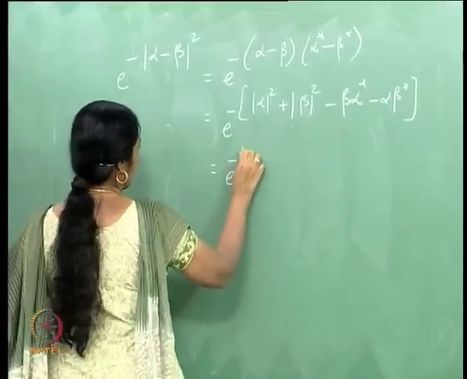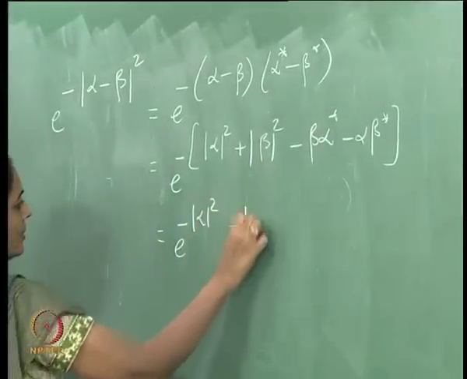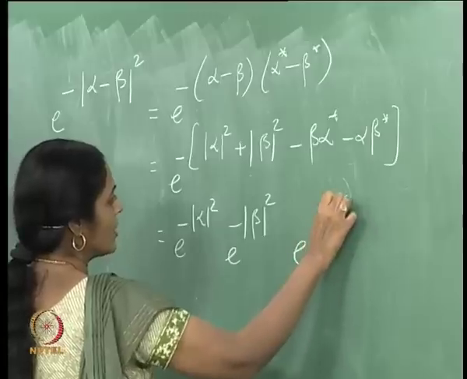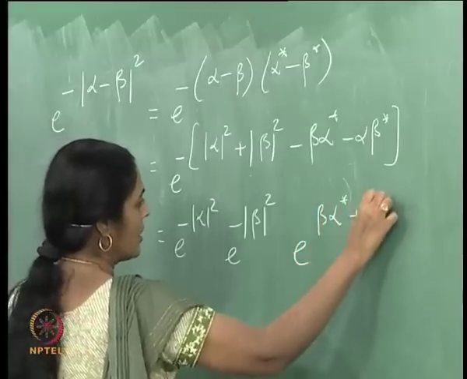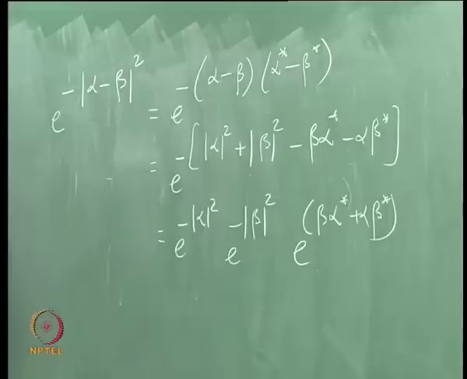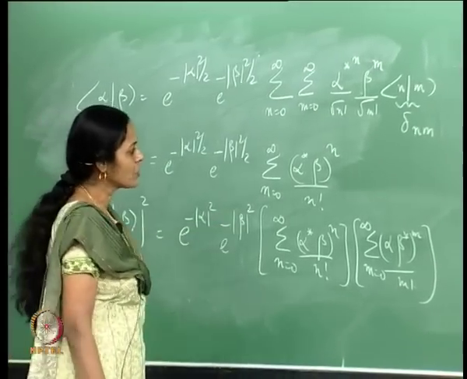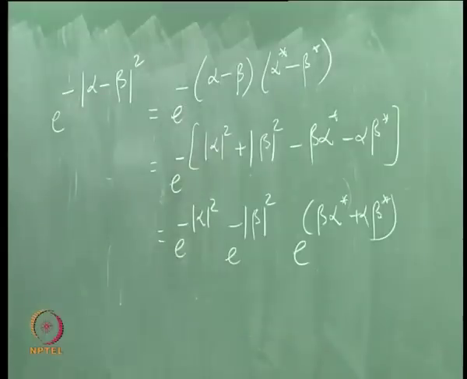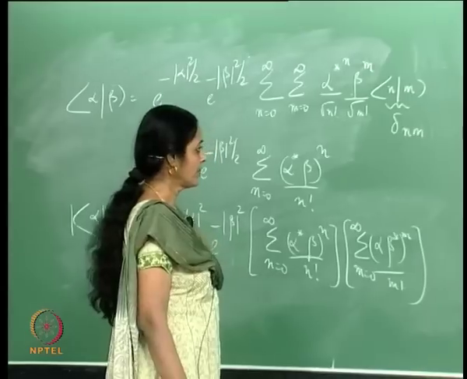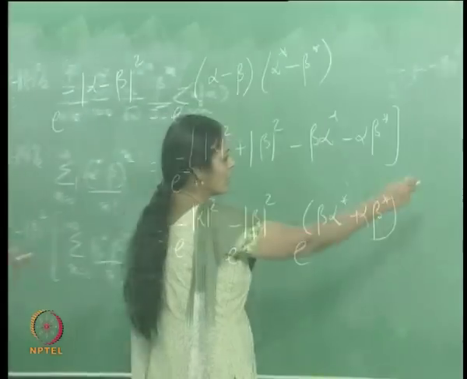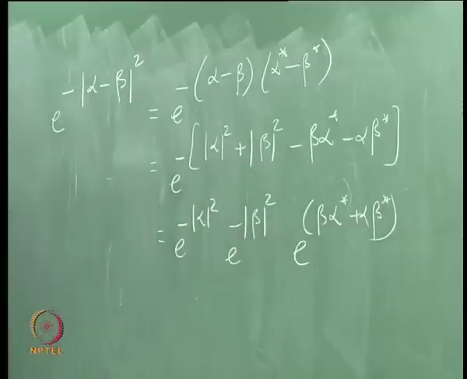So, I can easily see that I have e to the beta alpha star plus alpha beta star here, apart from e to the minus mod alpha squared, e to the minus mod beta squared. And indeed, this object turns out to be equal to that.